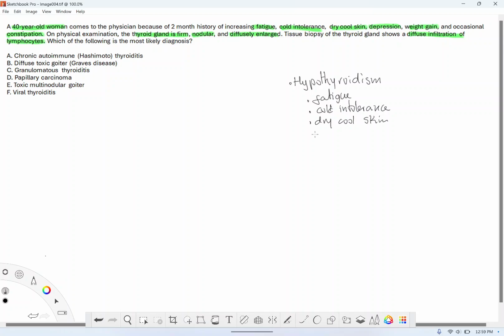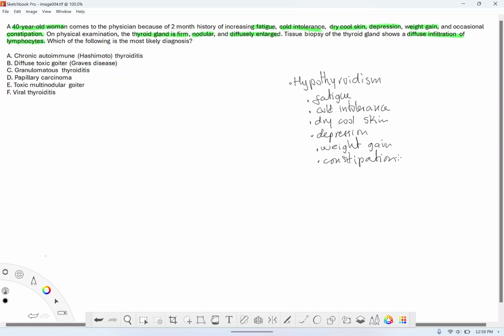This patient has all these things, plus depression, weight gain, and constipation. This constellation of symptoms should always make you think of hypothyroidism.